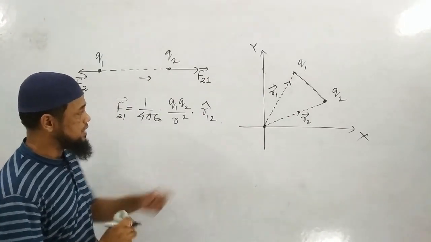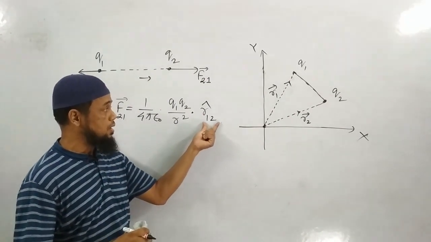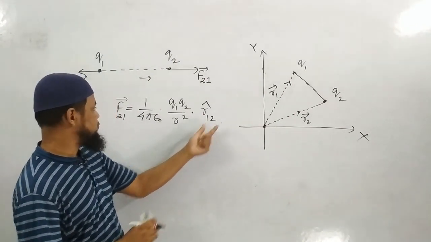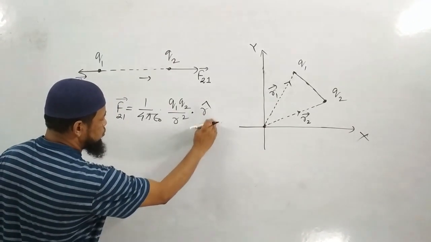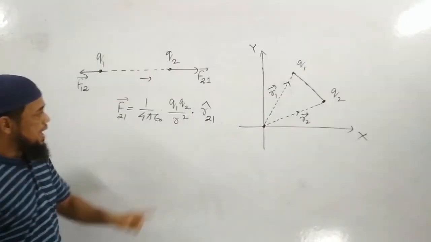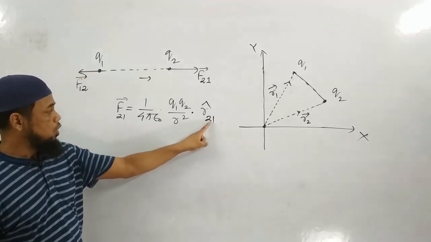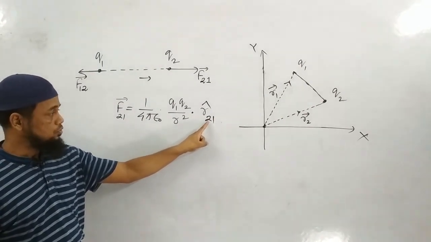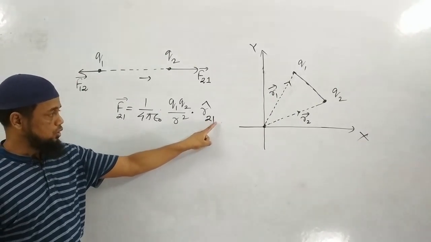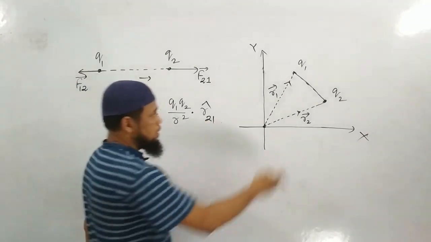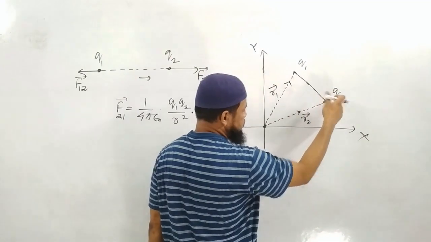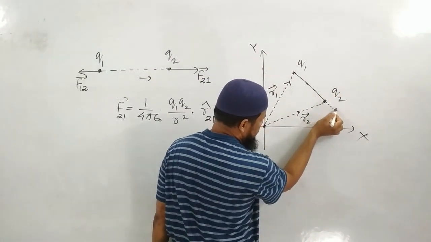This is the direction of force, sorry, let me make it 2, 1. This is the direction of force exerted by 1 on 2, the direction of force experienced by 2 due to 1. In which direction will 1 exert a force on 2? In this direction.